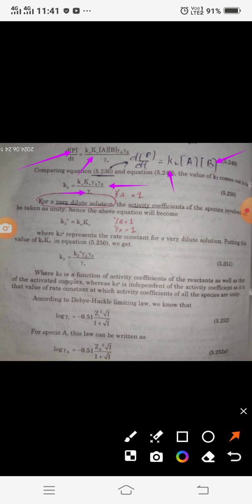So, for a very dilute solution, if we suppose that the solution is very dilute, in that case we will consider that the activity coefficient of the species, meaning the reactants A and B, is equal to 1, equal to unity, and in the case of the complex formed it is also equal to 1. When we put the 1 in this equation, the equation changes into this form, where we are writing K2 naught.